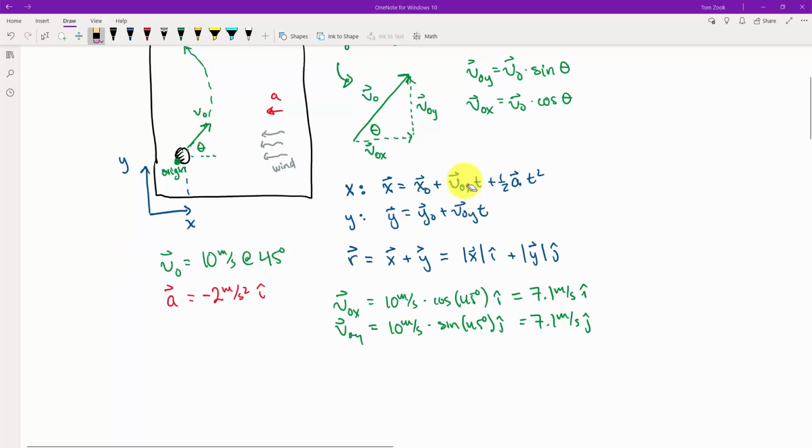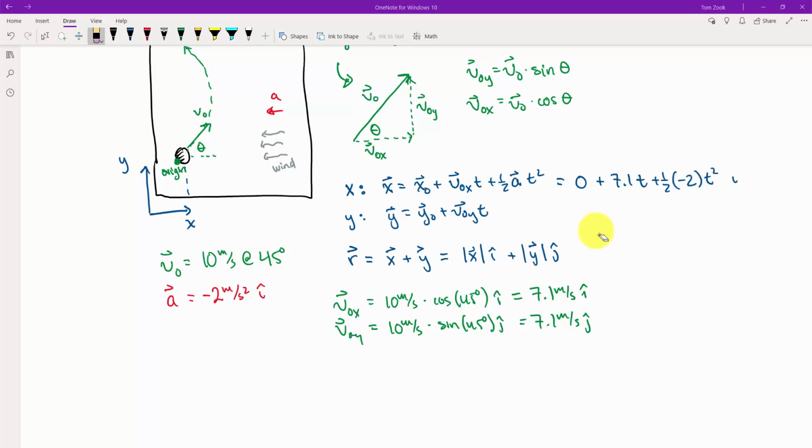Once we got that, we got some values we can put into here. We already know what the acceleration is. We wrote it down over there. So we can write these two equations out, and then we can combine them. After we do a little simplification, we'll combine them and put them into the r equation. So for x, up here, we'll have 0 plus 7.1t plus 1/2 negative 2t squared.